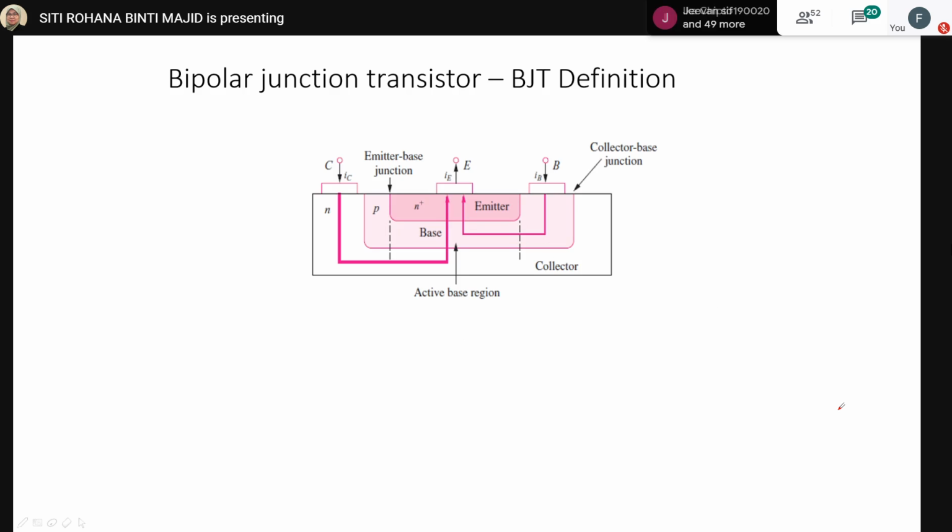This is the same thing: emitter, base, and collector.